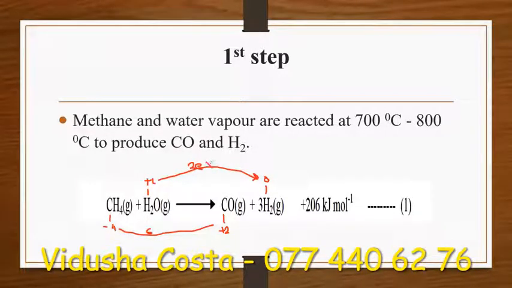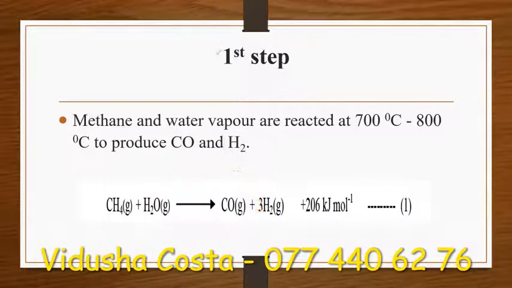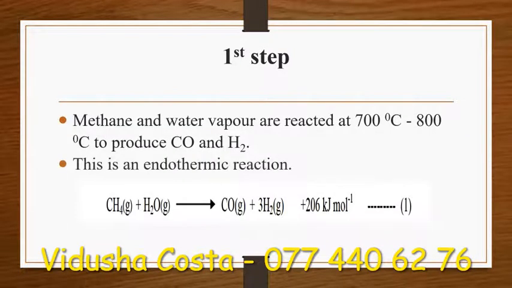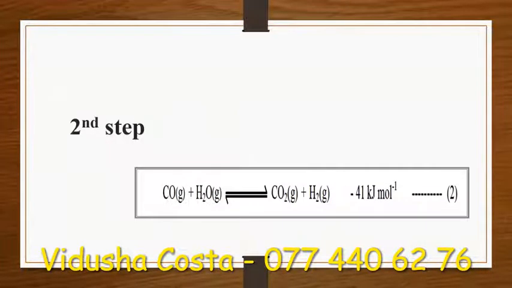Therefore, you have to multiply this one by 3. That's why you get 3 here. Now this side there are 6 hydrogens, and here 4 hydrogens and 6 hydrogens. That's how you balance this reaction. If you look at this process, you can see it is endothermic, plus 206 kilojoules per mole for the reaction. So this is an endothermic reaction.